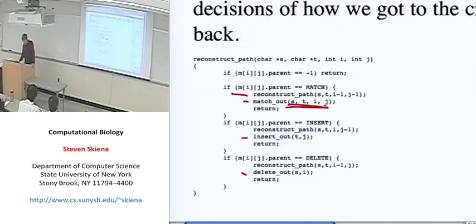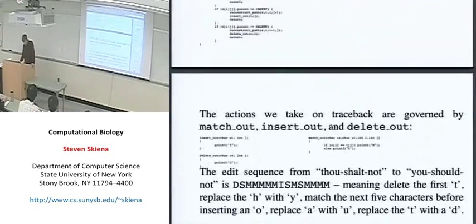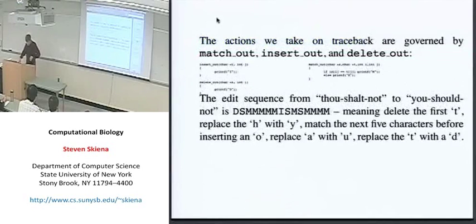So this is saying basically, figure out what the path was to this cell, print out that path, and then output whatever you want to denote that at position i,j we ended on a match. This is a generic reconstruct path routine. You may want to do something different with your path. What I wanted to do was just to print it. So my generic path functions simply said, what do I do on outputting an insert?